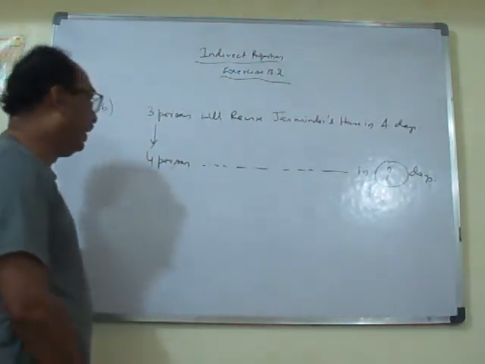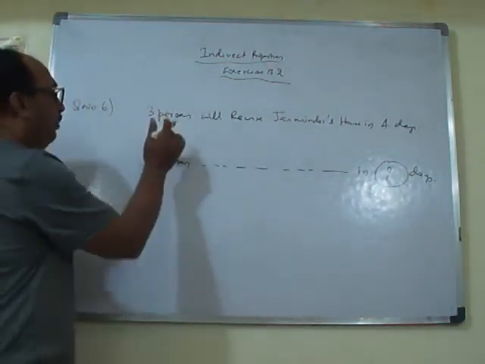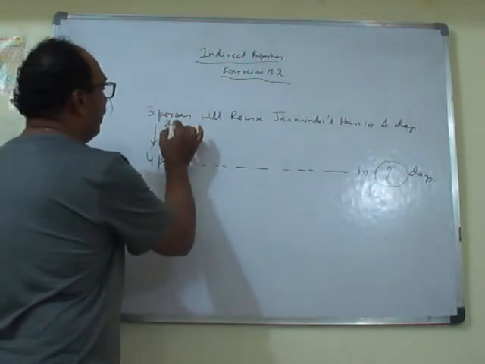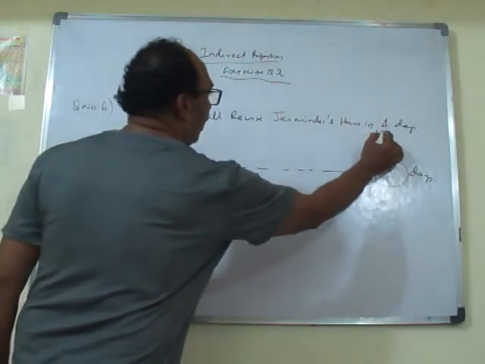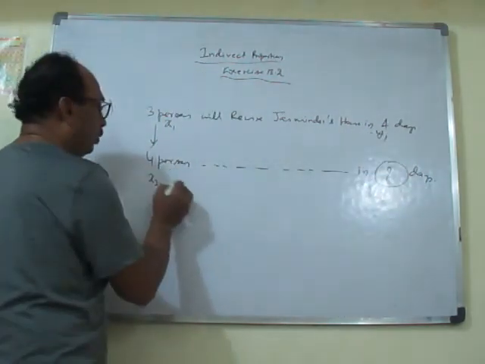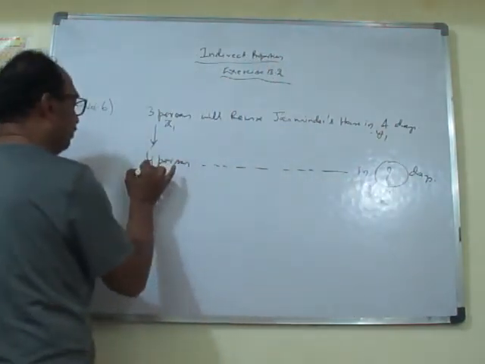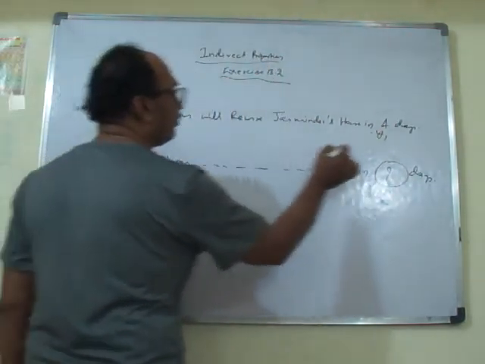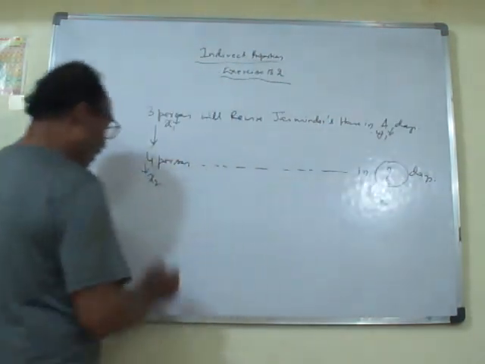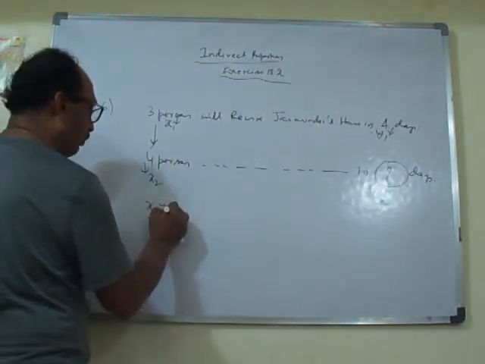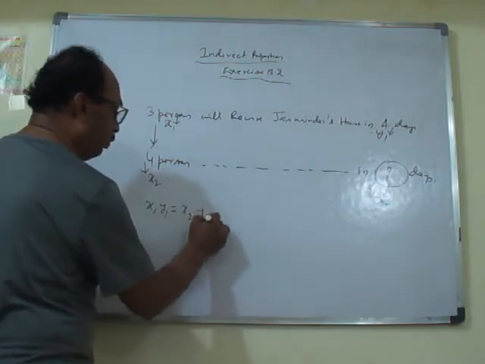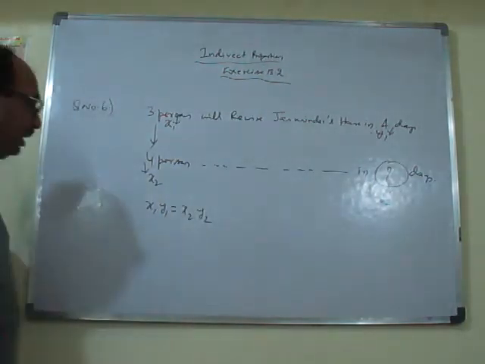So what we will be doing, again we will go for the same. If it is x1, it is y1, it is x2, it is y2, then x1 y1 is equal to x2 y2. This is the indirect relation.